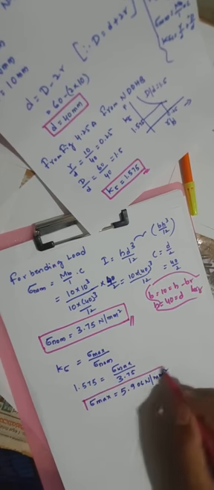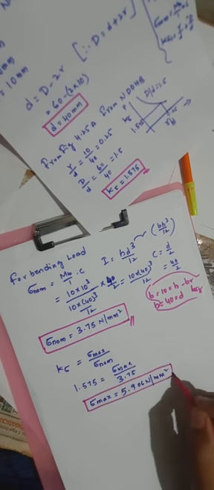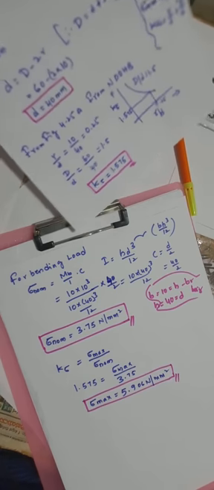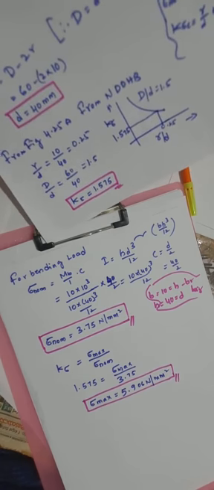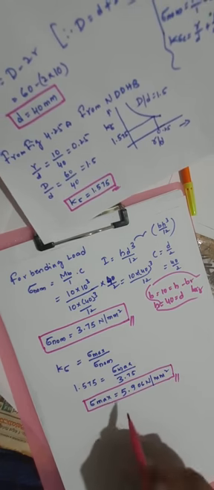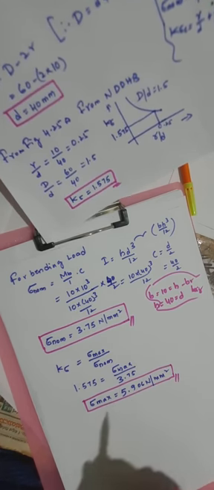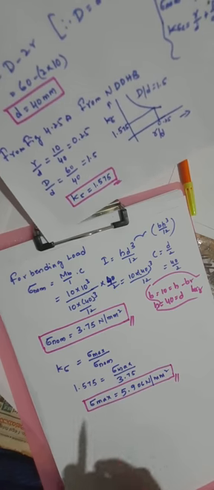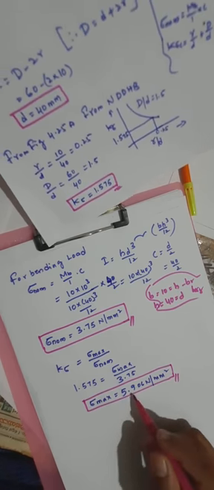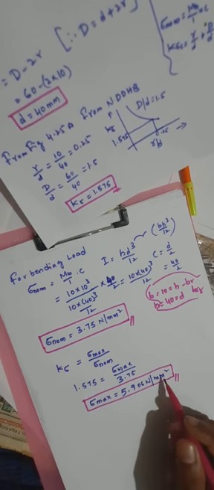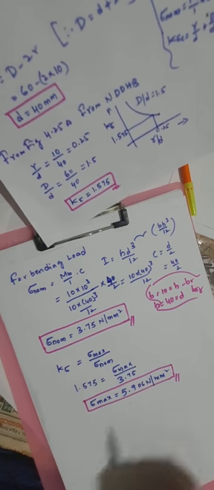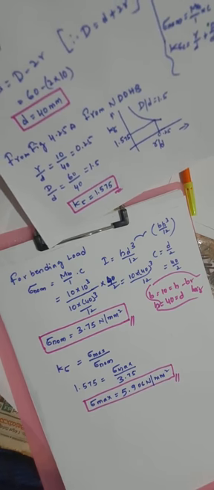So this is the objective of the problem. This is what we need to find out: the maximum stress induced in a member, by taking the stress concentration factor into account, is 5.906 Newton per mm square. This is the problem, very important.